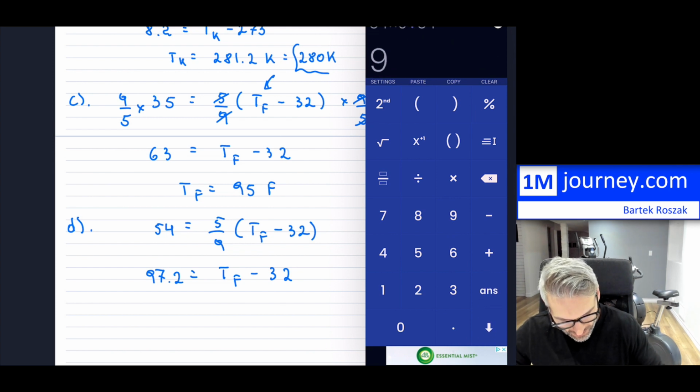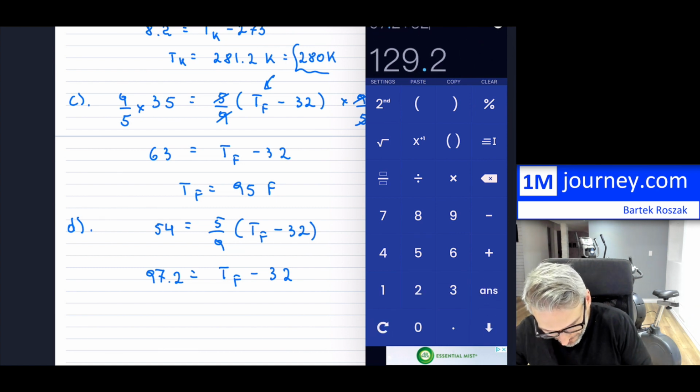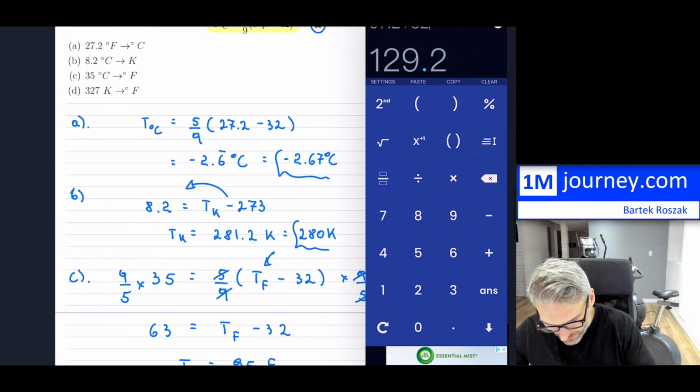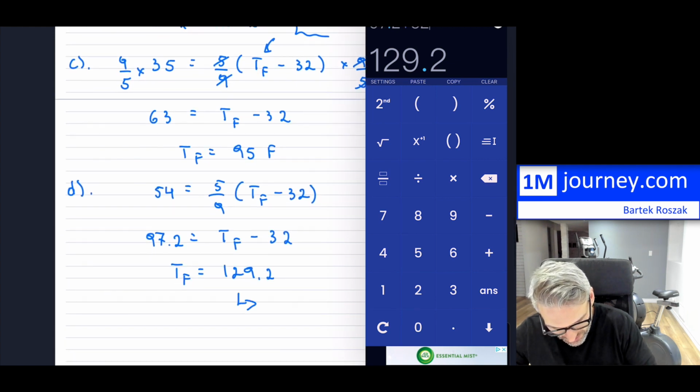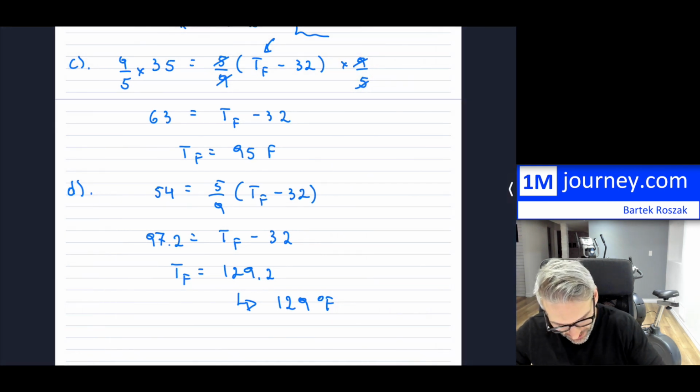So 97.2, and then bring that 32 over on the other side. And we're going to get that TF is equal to 129.2. And we started off with 3 sig figs, so we can keep this to 3 sig figs, 129. All right, so Fahrenheit. And that's what you would have right there.